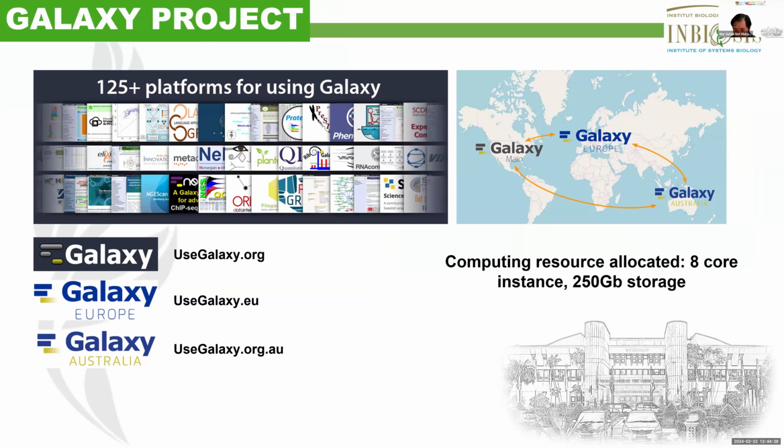The listed three, Galaxy Europe and Galaxy Australia among them, are the free ones, so you don't need to pay. You just open an account, and they give you 8 cores and 250 gigabytes of storage at the moment, freely. You can open an account in all these 3 systems, so you can do 3 analyses in one go.